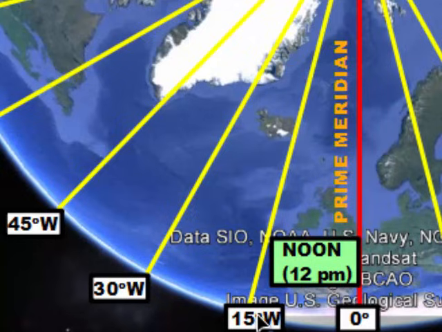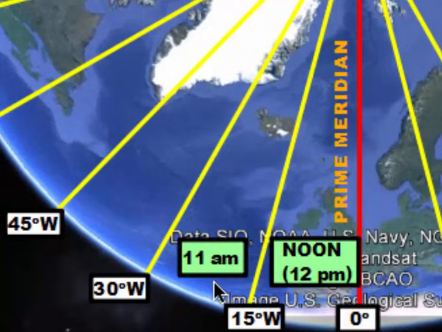This area is observing 12 noon. So that means once I hit 15, I've reached a brand new time zone. And since I've gone west, the time is going to get less. So I've gone 15 degrees, which is worth 1 hour, and I'm going to subtract 1 hour. So this time zone is going to be at 11 a.m. If I continue to travel westward, I get to 30 degrees. Remember, that's two 15-degree lines away. So that's going to subtract 2 hours from our original starting point.